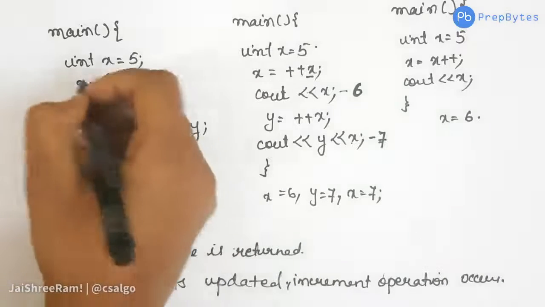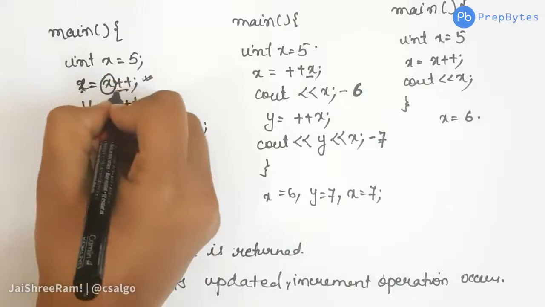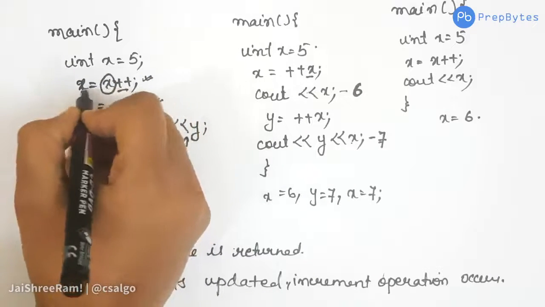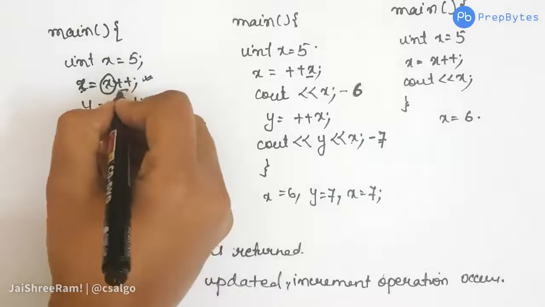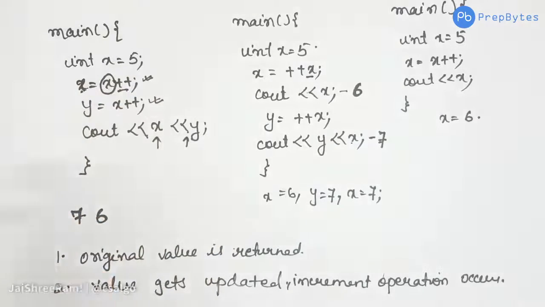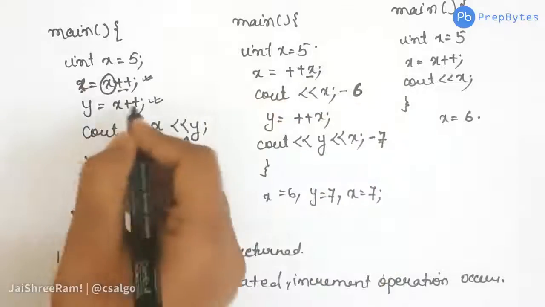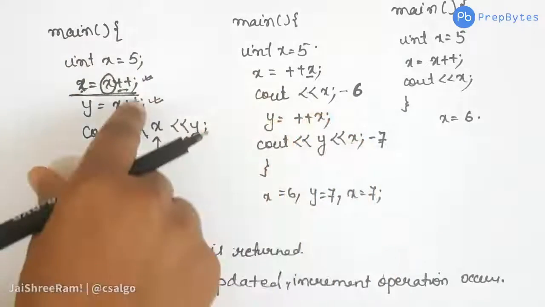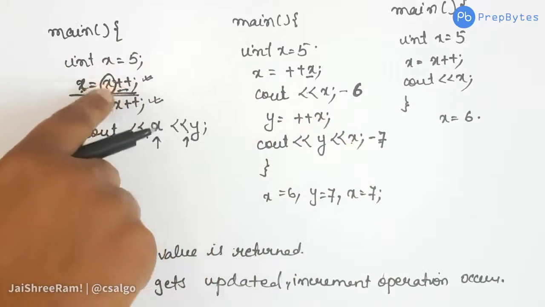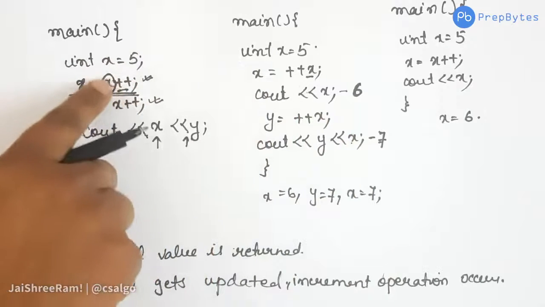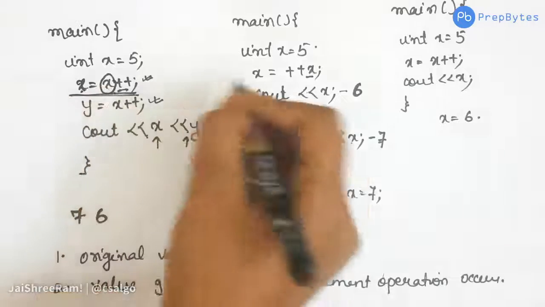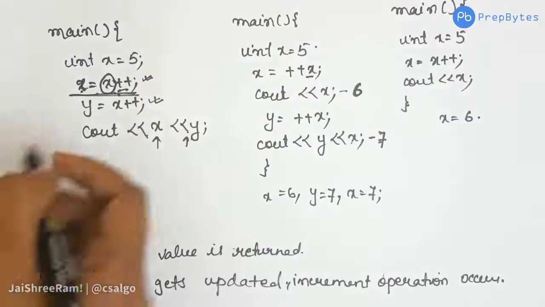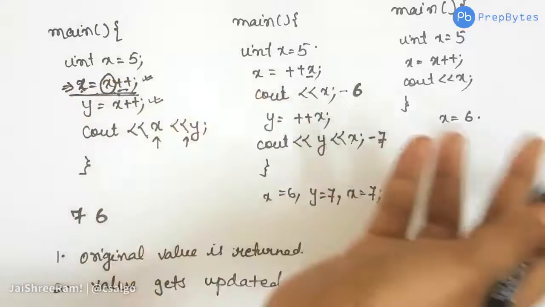So let's see here. What happens, x = x++. First x gets the value as 5 and then we are incrementing x to 6. So in this scenario, when you are doing x = x++ and you are using the value of x after this particular operation, if you would have done x++ or ++x does not matter, because eventually it's the value of x that is getting updated.